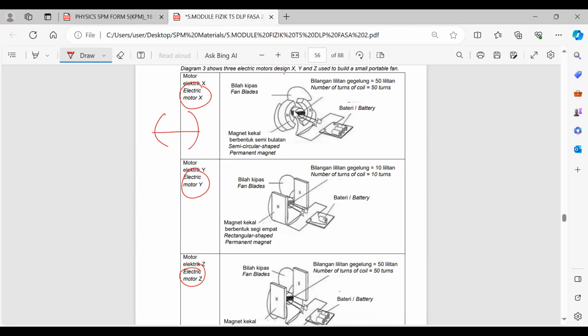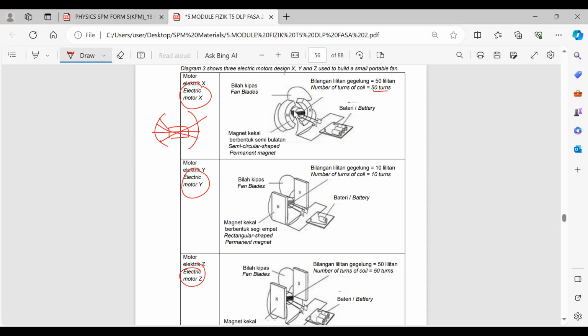So the magnetic field is kind of focused. So the coil will be somewhere in the center, and all the magnetic fields focus through the coil at the center. Then number of turns is 50. And the battery, okay, you have a battery.